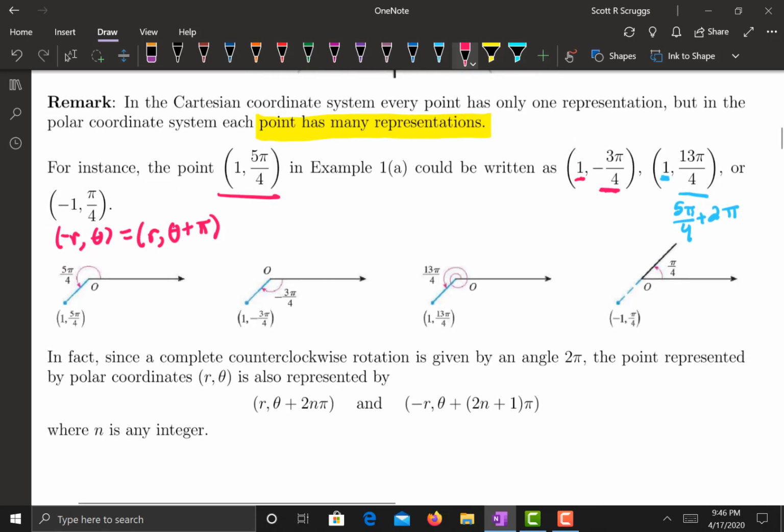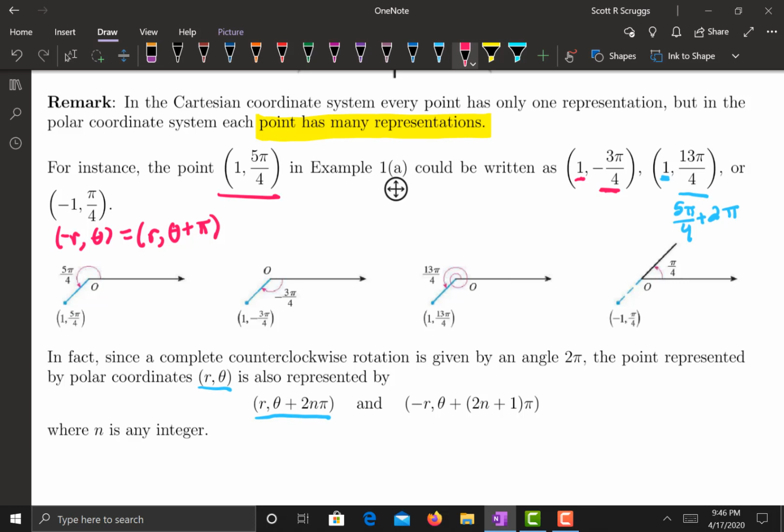And with that, we can actually use the following to represent any polar angle. If you have a positive radial coordinate, I can always represent the point r, theta by keeping the same sign, but theta plus 2 times an integer times pi. And that's corresponding to the periodicity of sine and cosine.